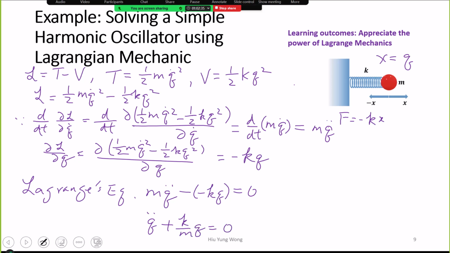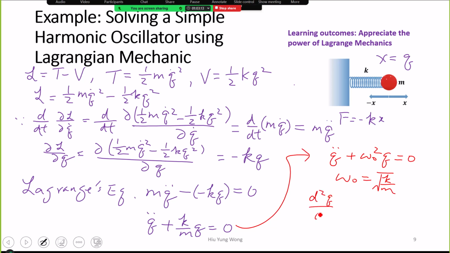Because I can further write it as q dot dot plus omega 0 square q equals 0, where omega 0 equals the square root of k over m. If you remember, the resonant frequency is the square root of k over m, a constant. If you want to see it clearly, this is d squared q over dt squared plus omega 0 square q equals 0.